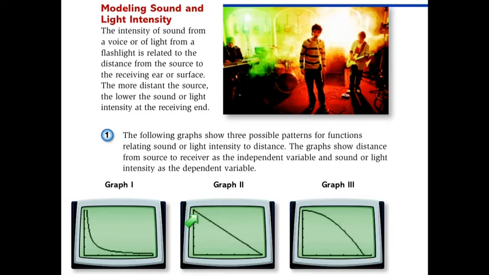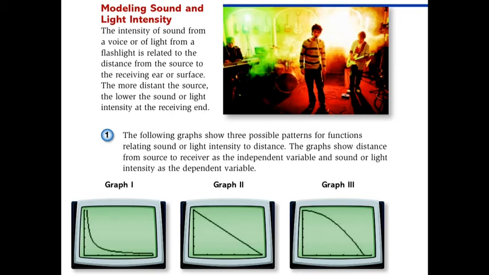This one would be if, as the distance from the source gets higher, the intensity of the sound or the light is going to drop at a constant rate. As you move away from the source, it's going to drop at a constant rate and eventually get down here and touch zero.